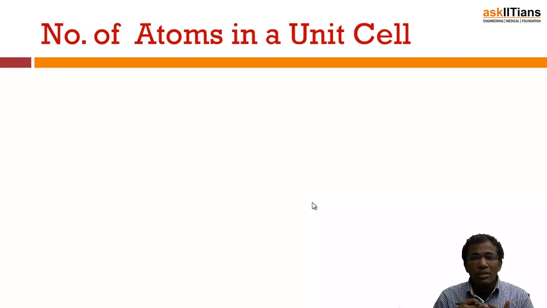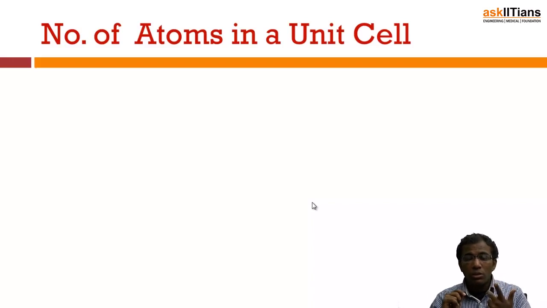If I take one particular unit cell, say a primitive unit cell, which is a simple unit cell, it has particles at the corners. So it has 8 particles. But what you need to understand here is that these 8 particles do not belong only to this unit cell that I am considering, but also to other surrounding unit cells.